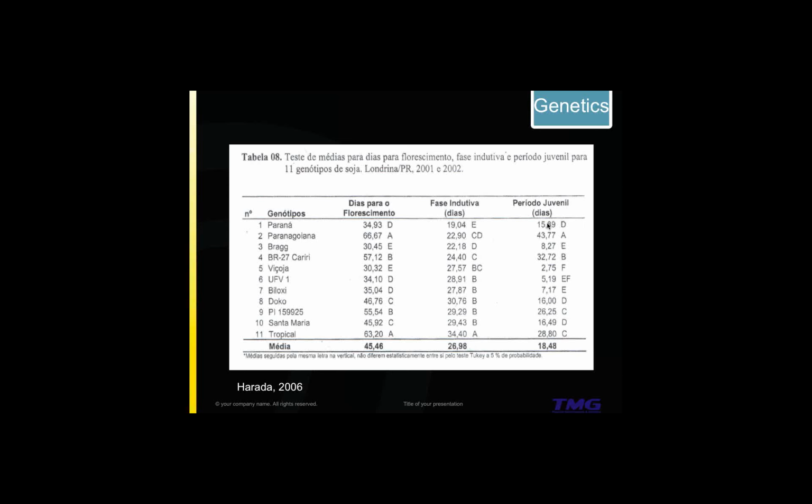I can tell you that probably 1 in 16 lines are over 80 centimeters in growth at lower latitudes.